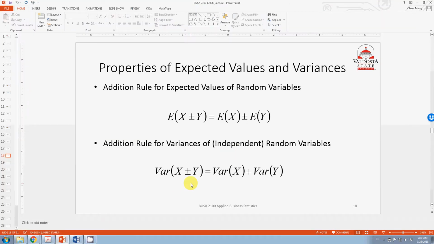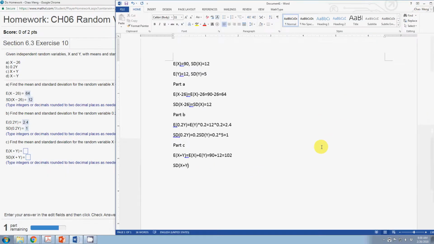No, we don't have a property for standard deviation, but we have a property for variance. The variance of x plus or minus y is equal to the variance of x plus the variance of y. We don't have a property for standard deviation, but we do have a relationship between the standard deviation and variance. We know the standard deviation is the square root of variance.